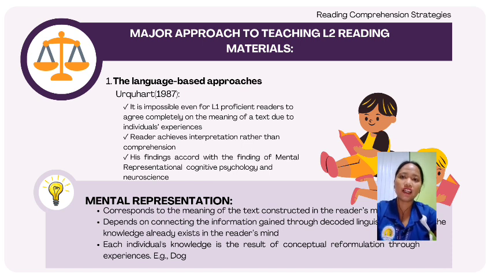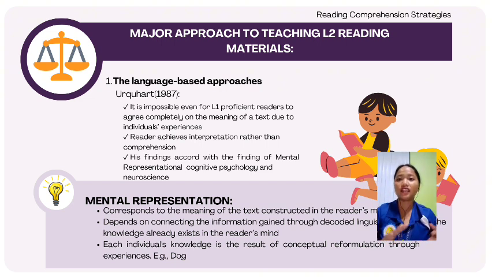His findings align with mental representational cognitive psychology and neuroscience, which emphasize how meaning is formed in the mind. So, in the mental representation in reading, meaning is constructed in the reader's mind based on their existing knowledge.